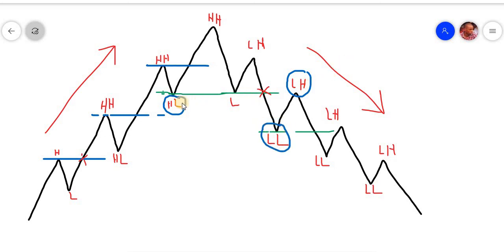These three points. Now, for the trend to change from uptrend to downtrend, there must be a break of the most recent higher low to the downside to form a new lower low. And if in addition a new lower high is formed, it further confirms the change, the reversal from uptrend to downtrend.